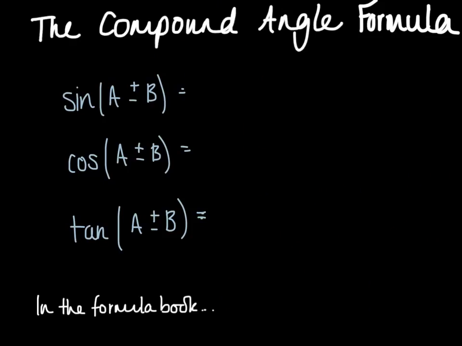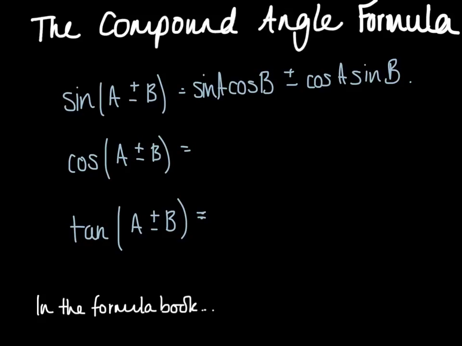So just to recap then, sine A plus or minus B, well that's sine A cos B, and if it's a plus in the compound angle, it stays a plus in the expansion, and if it's a minus, it'll be minus as well. So we can leave the plus and minus the right way round there, and we would end up with cos A sine B on the end there.